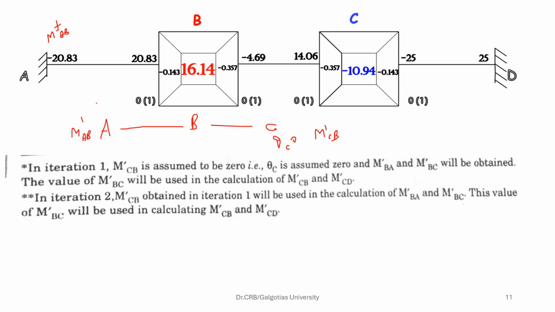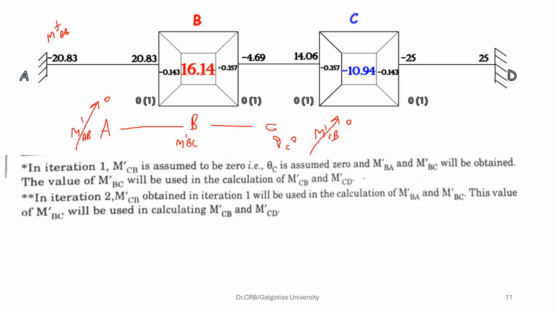So we assume M dash AB farther end as 0 and M dash CB farther end as 0. Then you will get the value of M dash BC. So that is what is written in the first step.